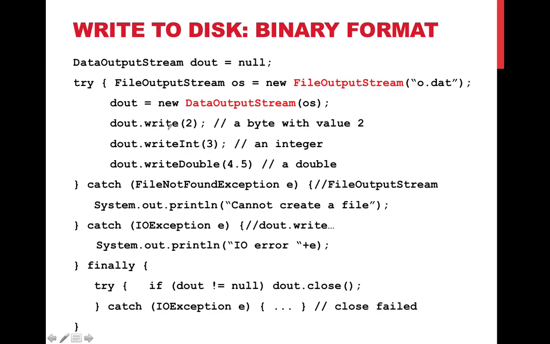So you can write a byte, write an int, write a double, write a float, write a char, and so on; for each data type there's a corresponding method call. Then you store those data in binary format. Of course, we have some checked exceptions thrown, so you need a catch block, but in the finally you close the open stream.